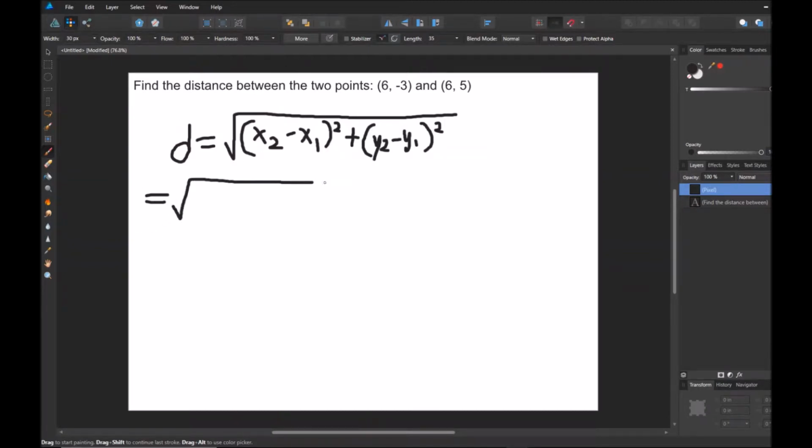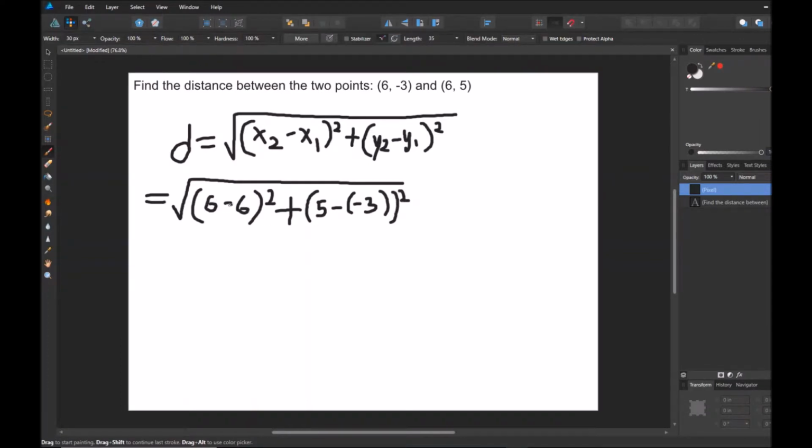So we will take the square root of x2, which is 6, minus 6, which is x1, that squared, plus, and then y2 is 5, minus -3, and then all that squared.